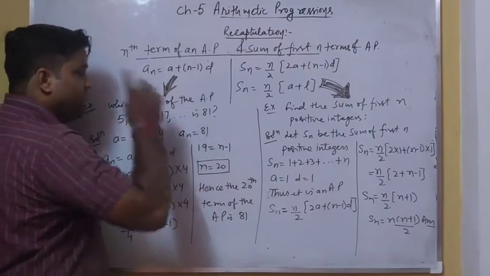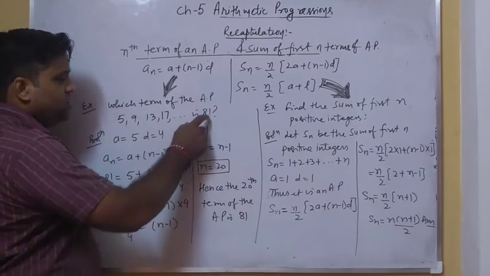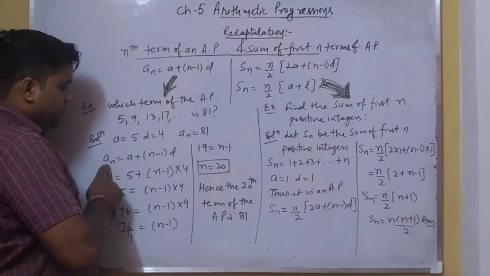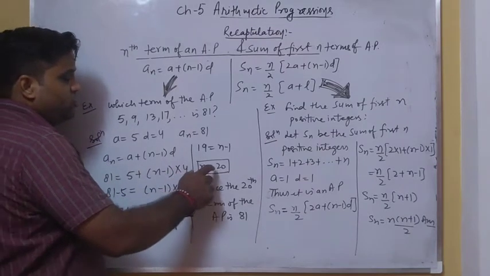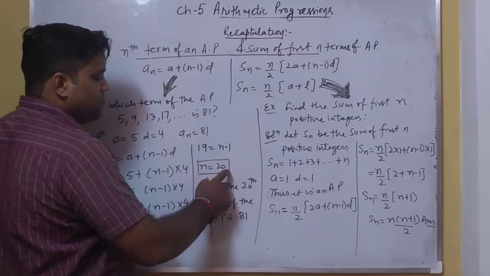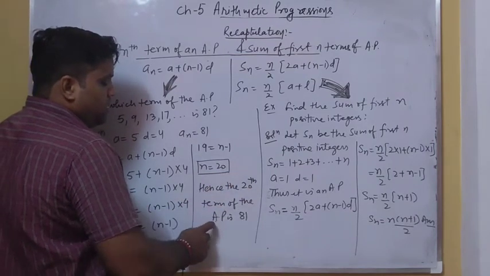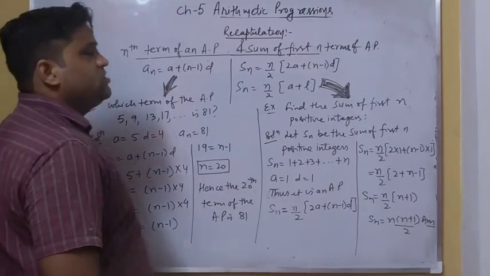Here we have to find n. The first term is 5, the common difference is 4, and the last term 81 is given. Using the formula an equals a plus (n minus 1) into d and putting in all the values, we get n equal to 20 after solving. Hence the 20th term of the given AP is 81, which is the required answer.